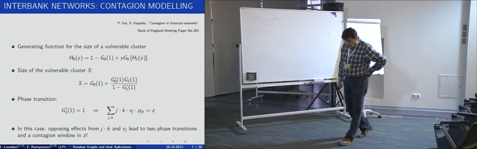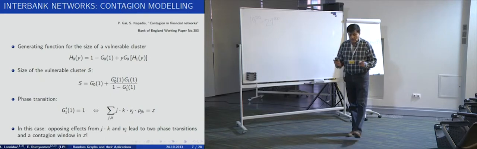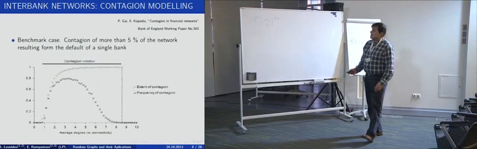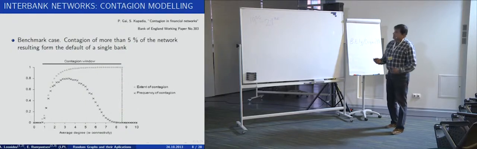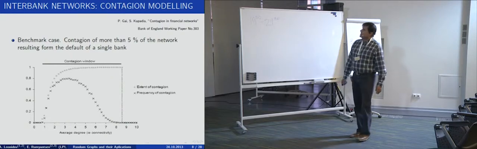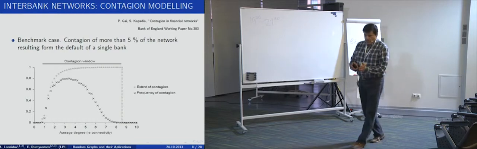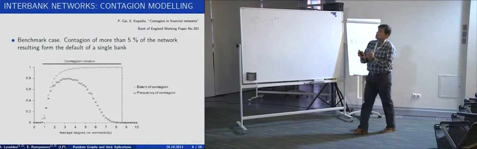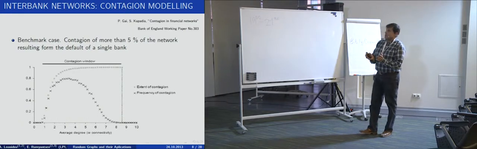the percolating cluster appears. And an interesting thing in this particular case is that you have a whole window of parameters in which you can get this effect, and then you assume, for example, that 5% of the banks go out, and then you look at the resulting clusters, and you define contagion as the case when more than 5% of banks die out.